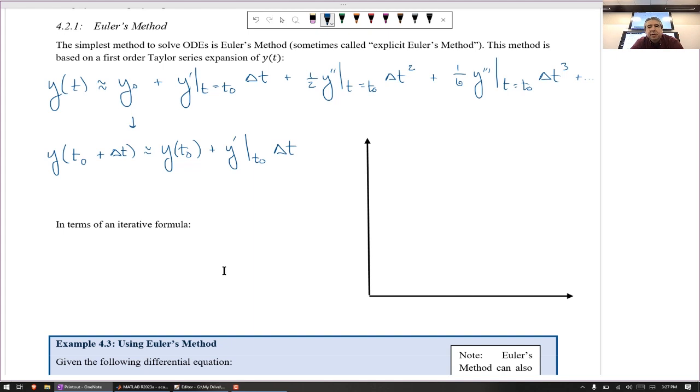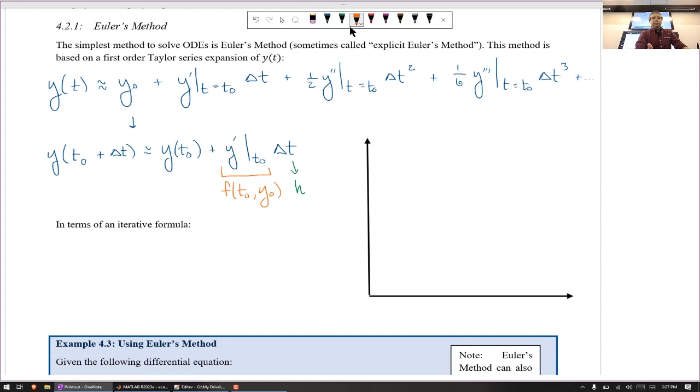Now sometimes we call this delta t, sometimes it's called h. I'm not sure why. And then this first derivative of y, evaluated at t0, that's our function. That's f of t0, comma, y0. And we know what that is because we have our differential equation, right?